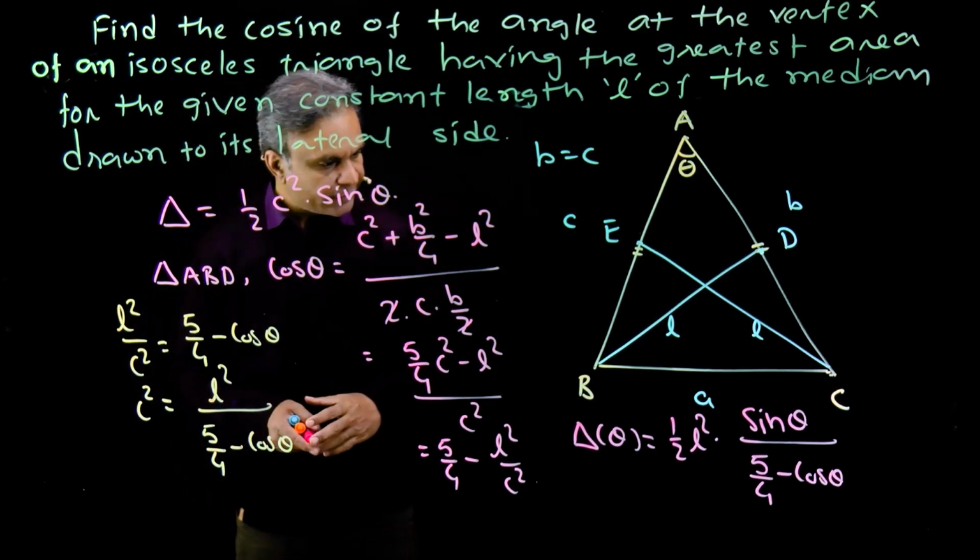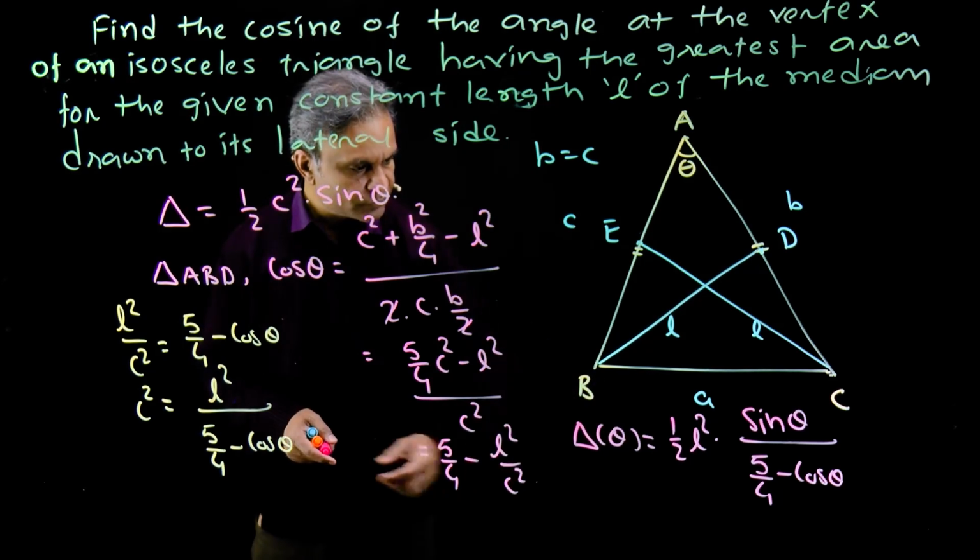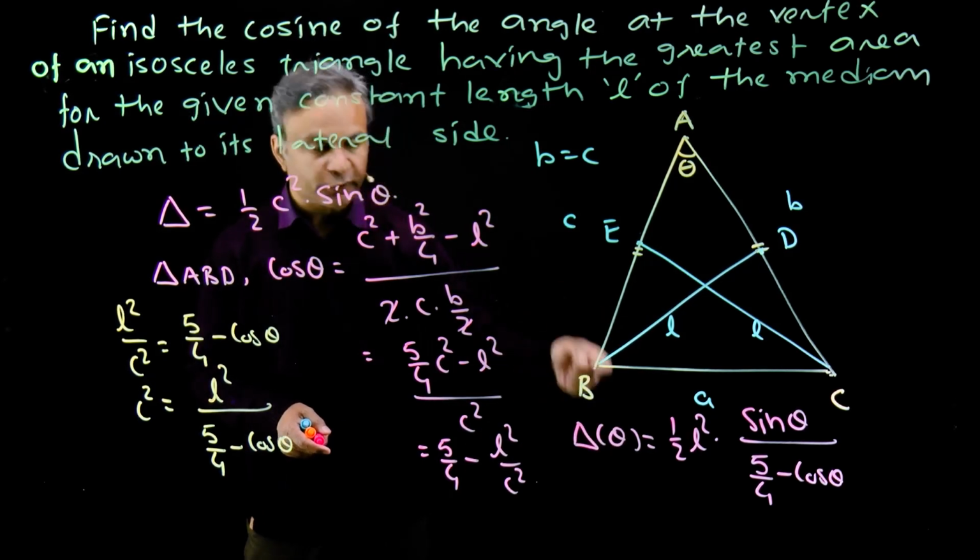Now we will find the maximum value of this. For that we differentiate delta of theta with respect to theta.